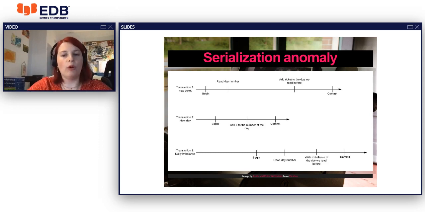So we will have a wrong imbalance because it was calculated on the wrong day. We will have a ticket on the wrong number because the number of the day changed during the transaction. That's not satisfying. But why am I talking about isolation anomaly?